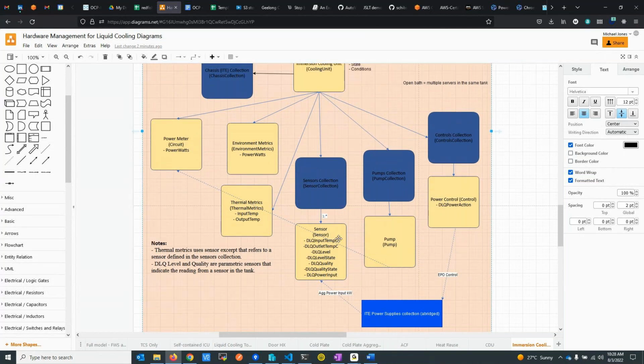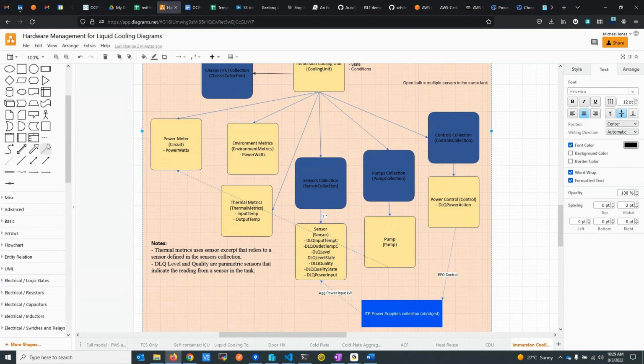Okay, the other sensors here, we obviously have the input and output temperature that I discussed. So for an open bath that's at the bottom and at the top. For an enclosed chassis, that's not going to be possible, is it? Because it's manifold fed. So for an enclosed chassis, we're only going to be able to get the sensors from the BMC, so the CPU temp or the GPU temp.